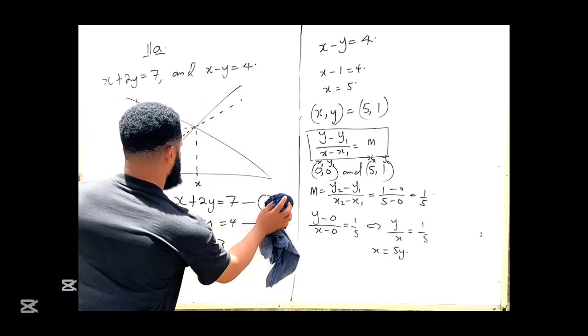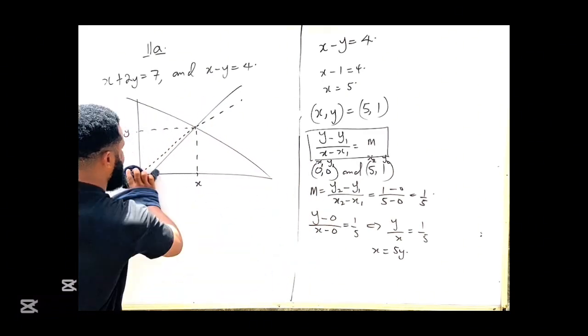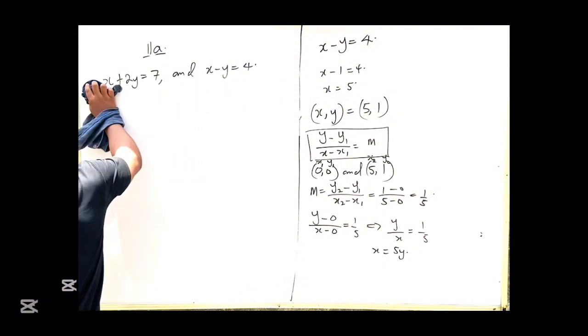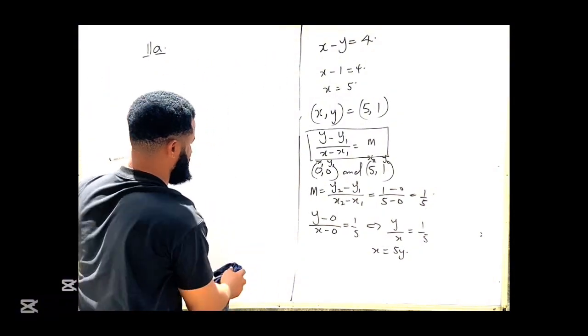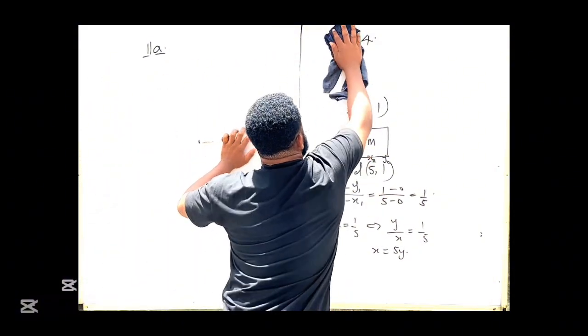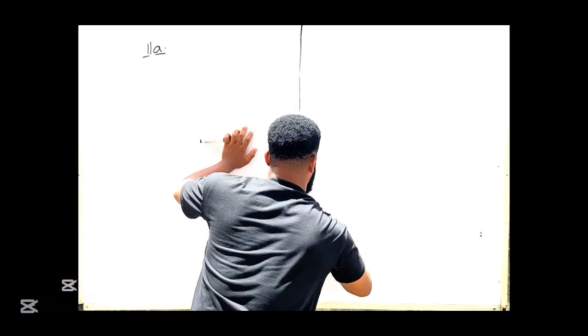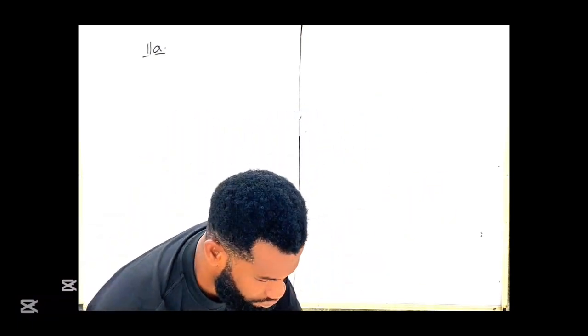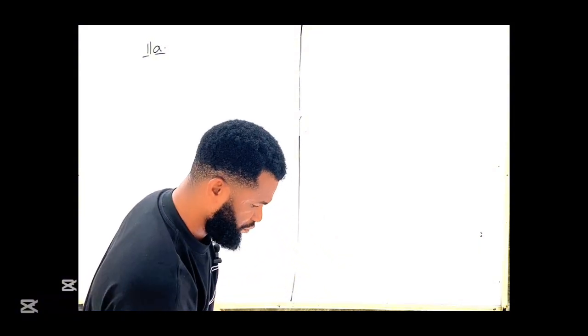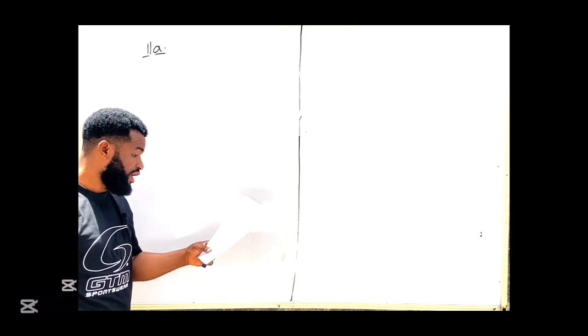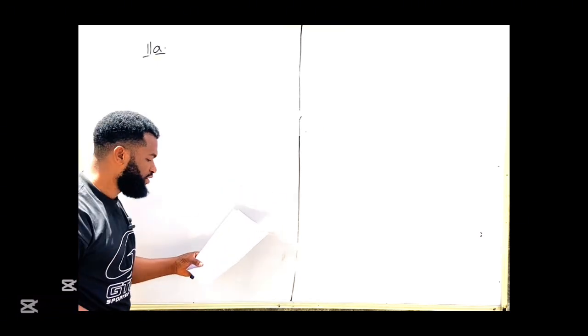In 11b, I'm cleaning this side. Now 11b says the ratio of an exterior angle to an interior angle of a regular polygon is 4:1.